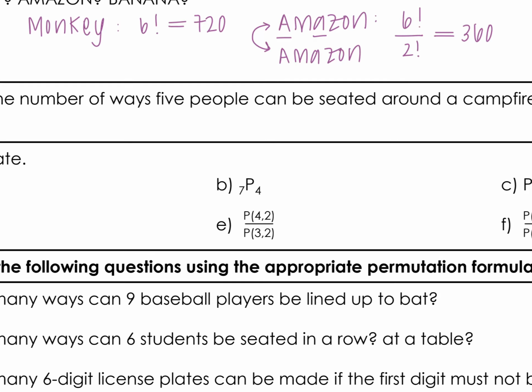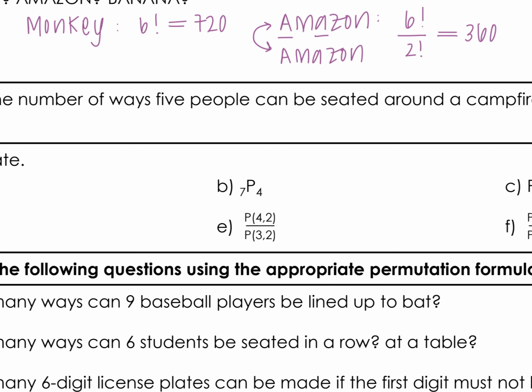Because once again, remember, if we take the same 5 people sitting in a circle around that campfire, we've got A, B, C, D, and E, and all I do is shift them down, so A, B, C, D, and E, they all have a new seat, but we haven't actually created a new way of sitting around the campfire because it's just the same thing, but me looking at it from a different angle.